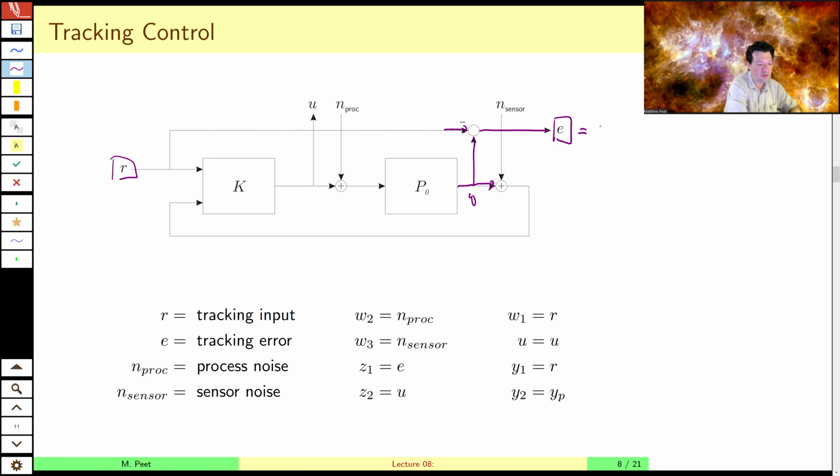So this error, which we define as the difference between the output of the plant, I think before we called this YP, and the reference, we want that to go to 0. So this is going to be a regulated output.